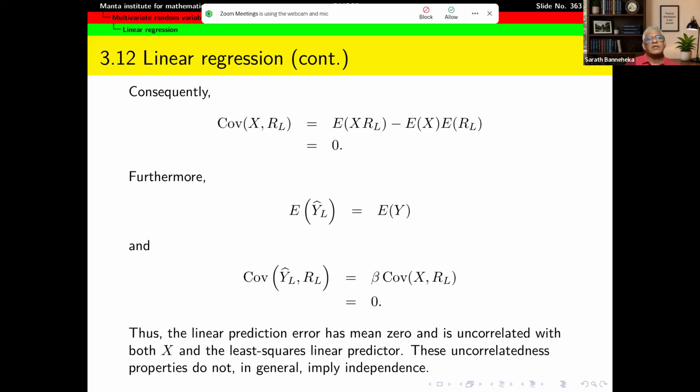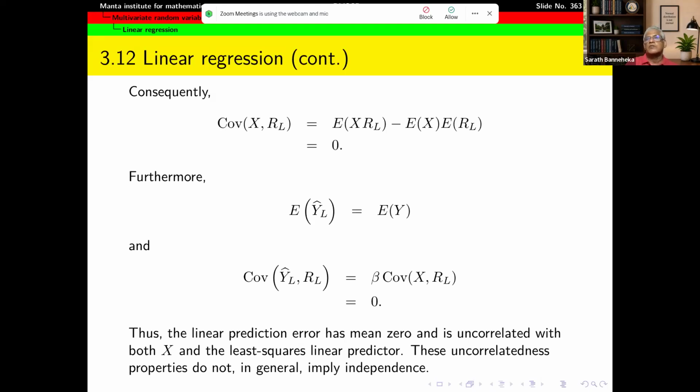If x and the residuals are theoretically uncorrelated, we expect that when we plot the residuals versus x, there will be no pattern, not to see any correlation there.